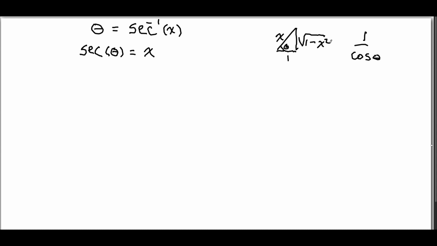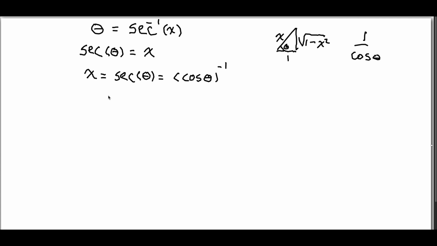So now we've got x equals secant theta, which is basically cosine of theta to the -1 power.